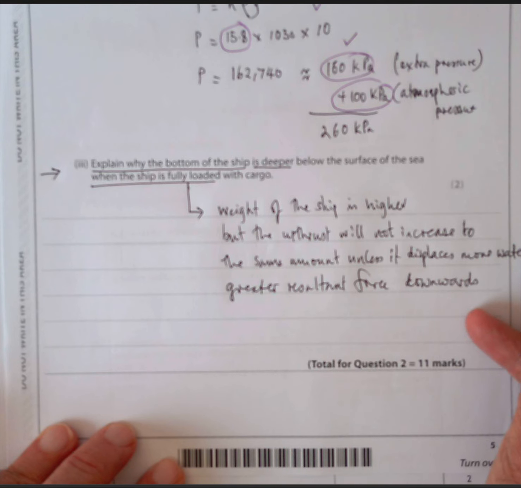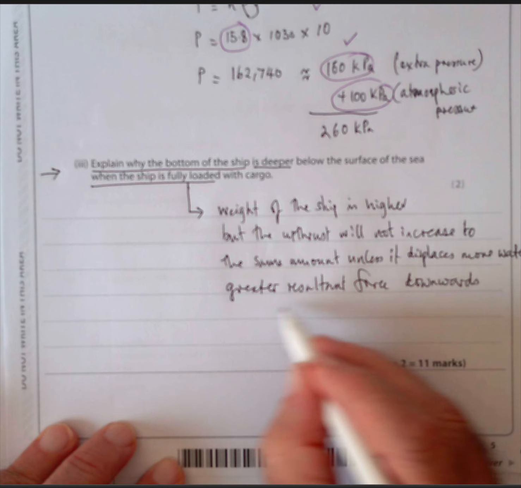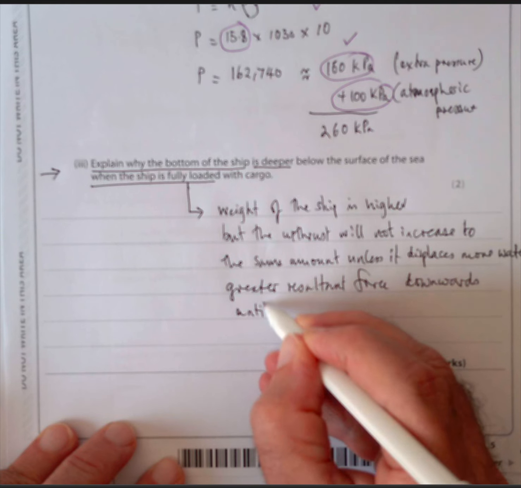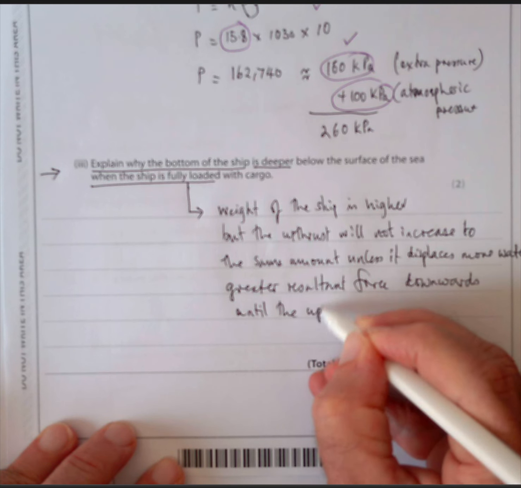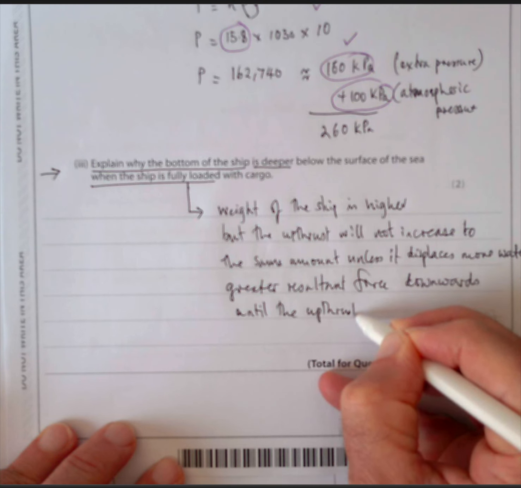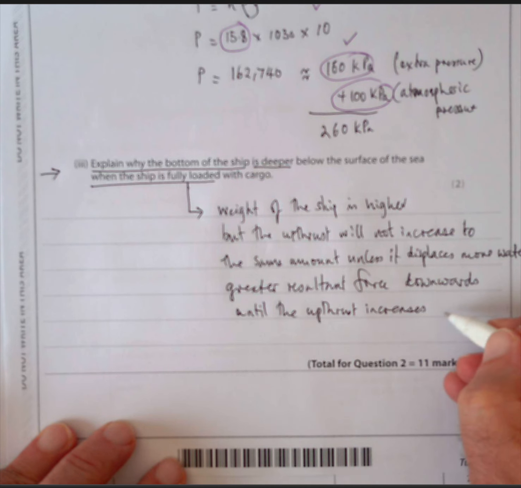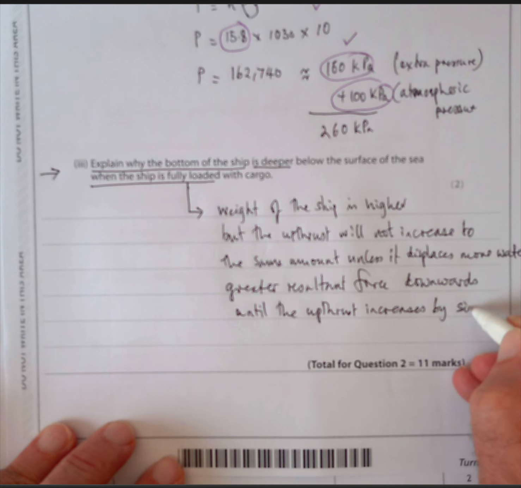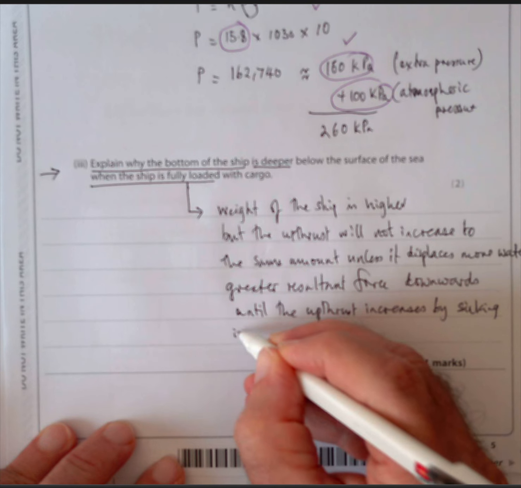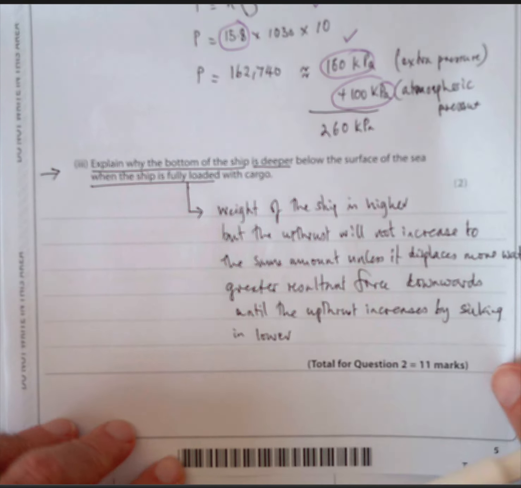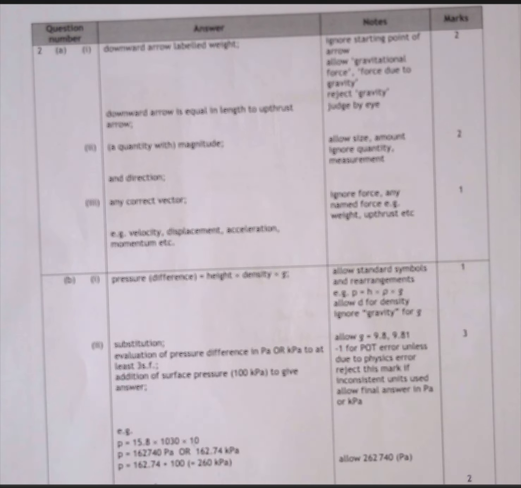So it needs to go in deeper so there is a greater resultant force downwards until the upthrust increases. So that basically, to increase, it needs to go in deeper, by sinking in lower.